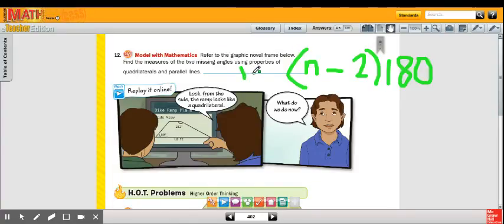So y equals, or no, it was s. I think s equals, but y is close enough to s. We'll just say y is good. So a quadrilateral has 4 sides. 4 minus 2 is 2 times 180. So a quadrilateral has 360.